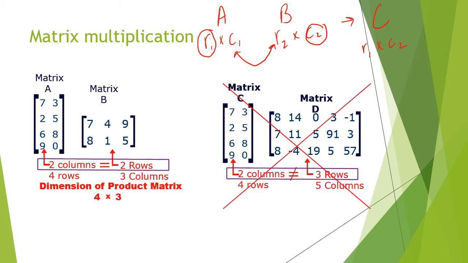So if we look here at the example, matrix A is a 4 by 2. Matrix B is a 2 by 3. Notice how the columns and the rows are the same. It's happy. And the outside numbers make up the dimensions of the product, which will be a 4 by 3.